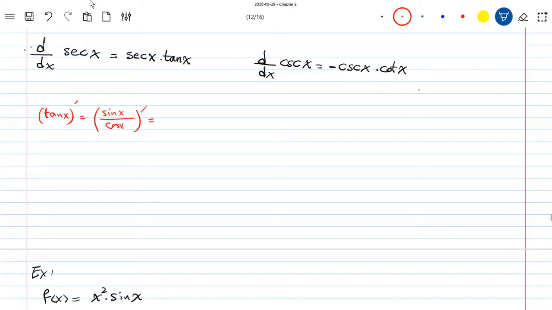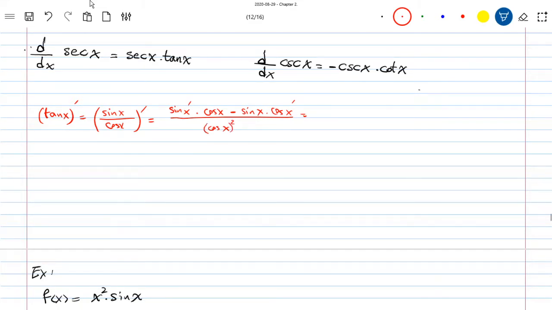If you want to find the derivative, you can use the quotient rule. The quotient rule is the derivative of the numerator multiplied by the denominator without the derivative, minus the numerator times the denominator derivative, all divided by the denominator squared, cosine x squared.